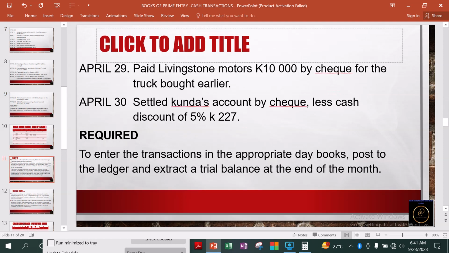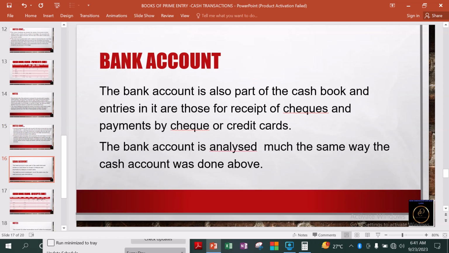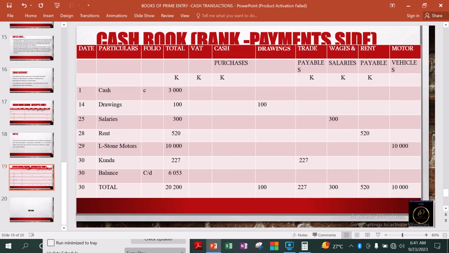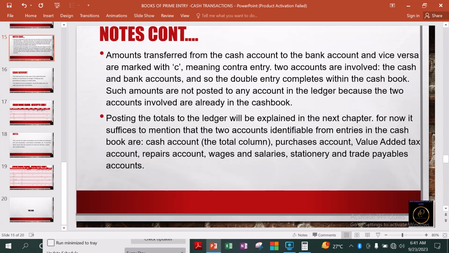We are going to see that we have actually recorded 100 kwacha here, drawings on the 14th, and we've indicated it under the drawings column there. So we have listed it there. The effect is listing, as I've said.